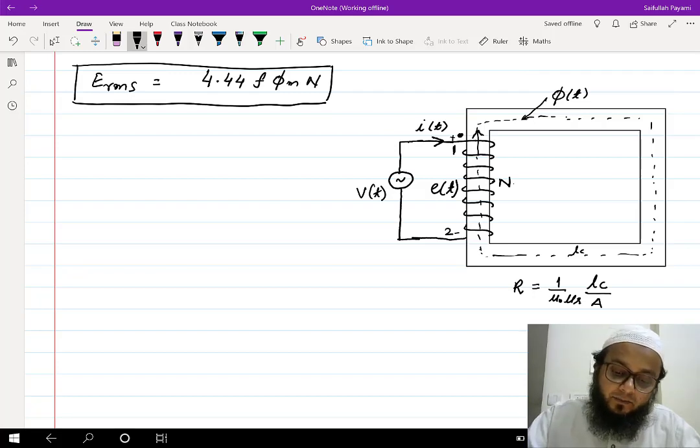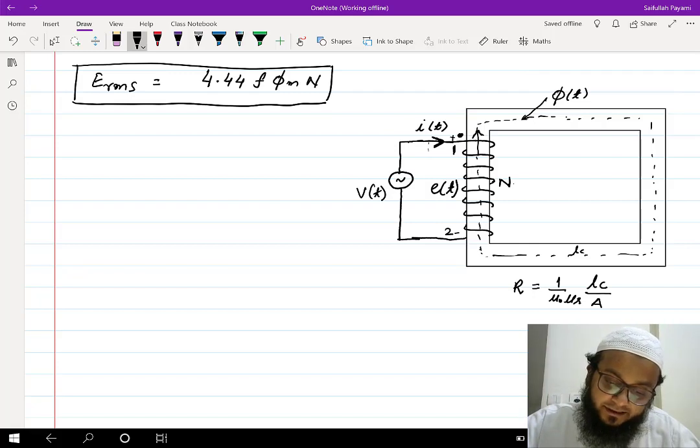And what would be the polarity? If current is, let's say, increasing in this direction, then if I short it, the induced EMF should be in such a way that it counters the current which is entering in the increasing direction. So let's say if I short it here, current will come out of it from 1 and go into 2.